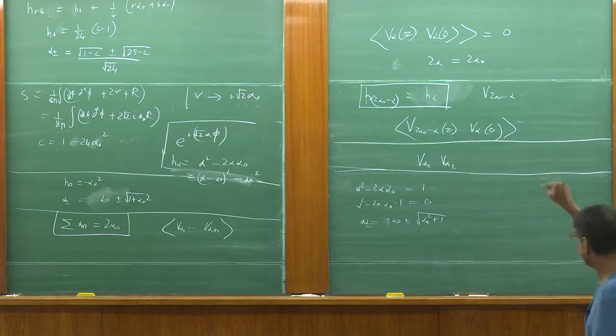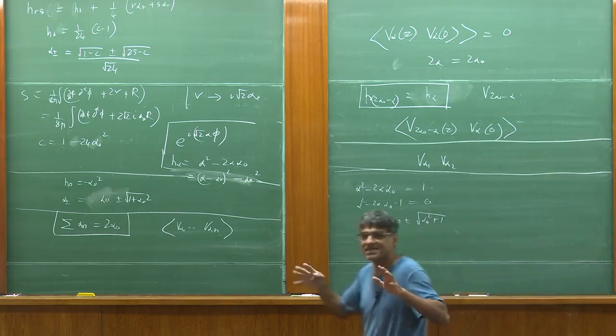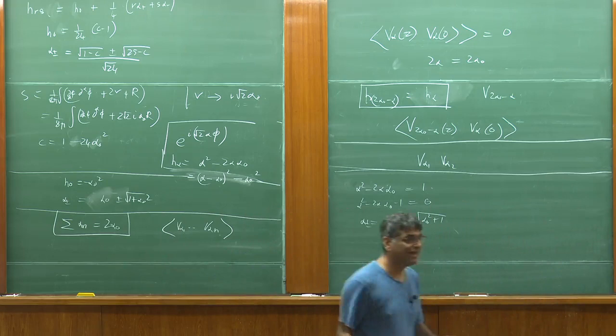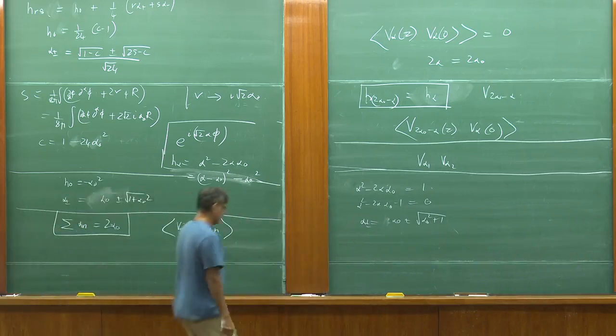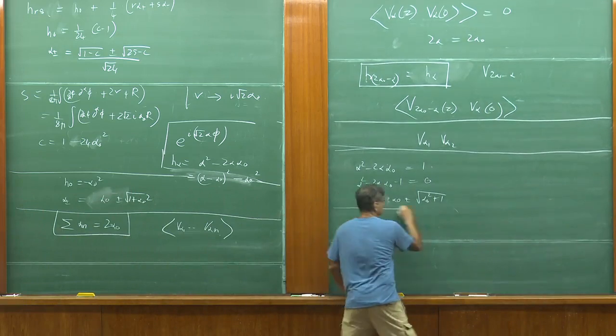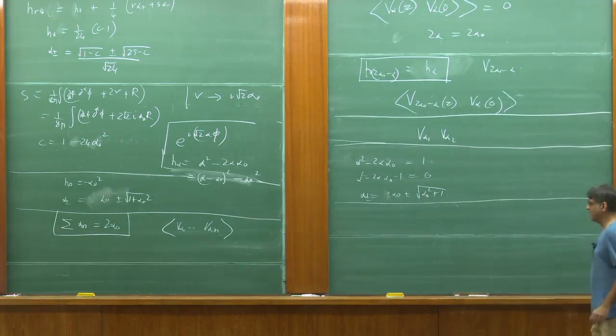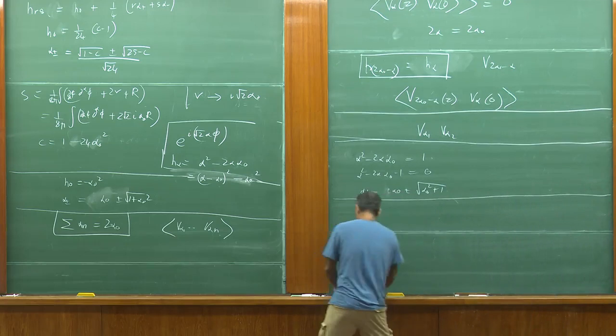So from this point of view of this linear dilaton theory, these values of alpha plus and minus show up as being special in the following way. They're those values of alpha for which the scaling dimension of the vertex operator is 1. Is this clear? Why is that important? This is important for the following reason.